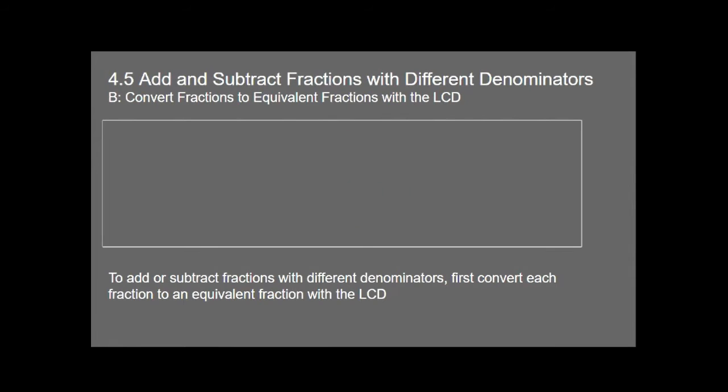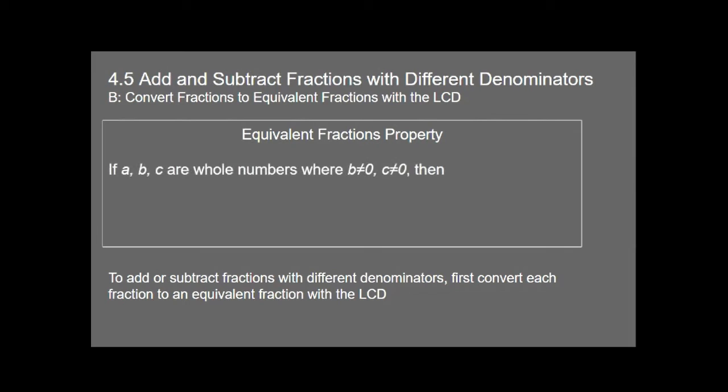So let's define, or not necessarily define. We've already learned this, but let's think back to the equivalent fractions property. So the equivalent fractions property says that if A, B, and C are whole numbers where B does not equal 0 and C does not equal 0, then A divided by B, or A over B, is equal to A times C over B times C, right?